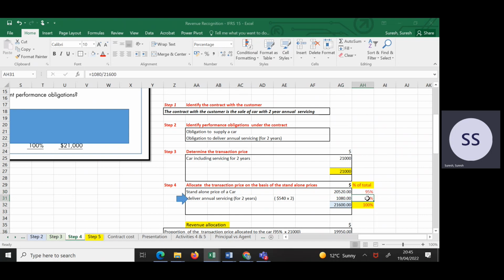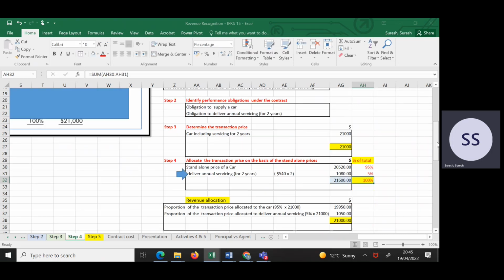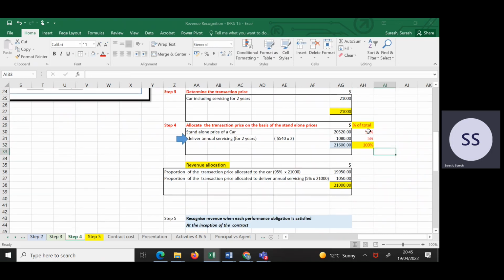And the standalone price of the service, 1,080, as a percentage of the total, is 5%, right? So these are the percentages of the standalone prices against their total.